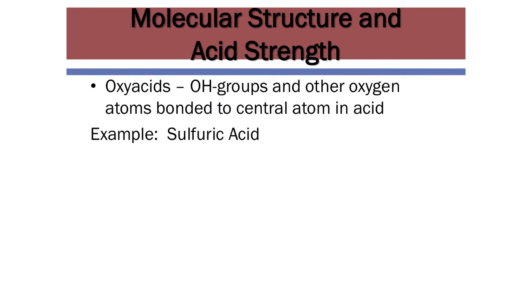All right, next we are going to talk about our oxyacids. Those are acids that contain OH groups or oxygen atoms bonded to a central atom, something like sulfuric acid, which is H2SO4, or nitric acid. So we've got our hydrogen ion and then our polyatomic ion, and our polyatomic ion has oxygen atoms.